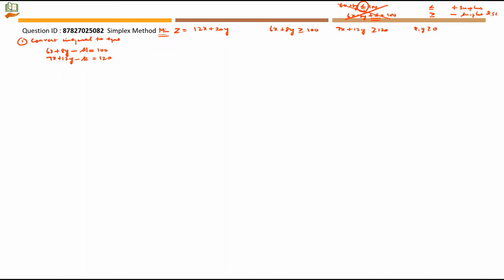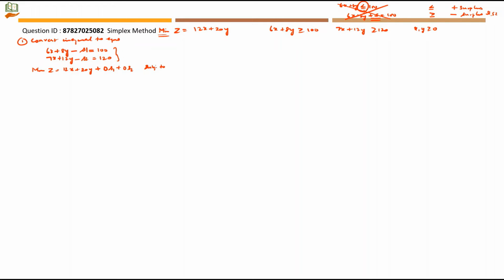And since we have used two surplus variables here, we will call them negative slack variables also. We are including them in z. So z is equal to 12x plus 20y. We have to use the coefficient value as 0 because they are not a part of the original problem. We are only including them. So it is 0 into s1 plus 0 into s2. So minimize z is equal to this, subject to these two constraints together.